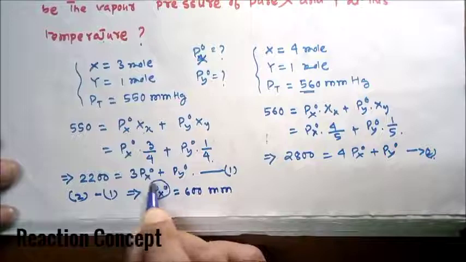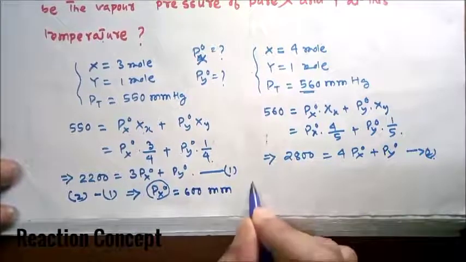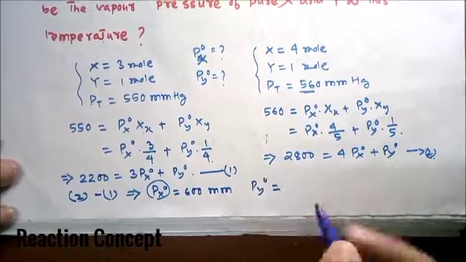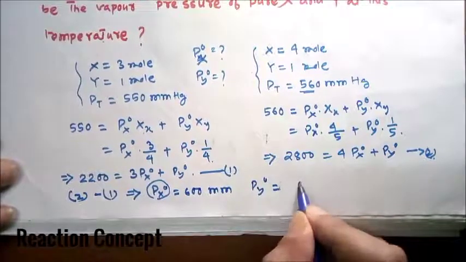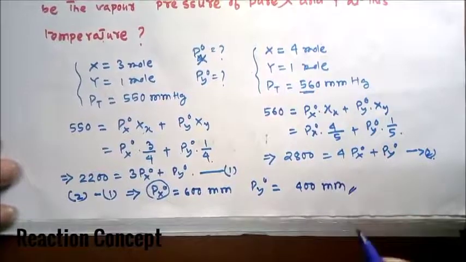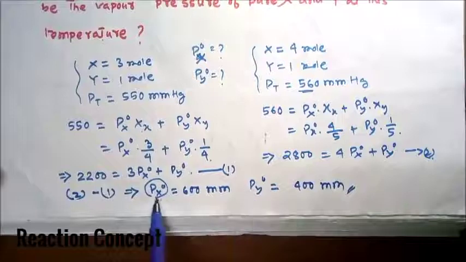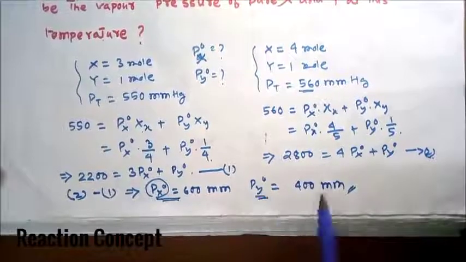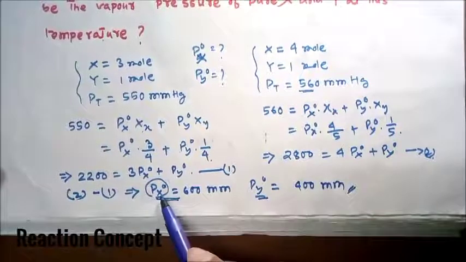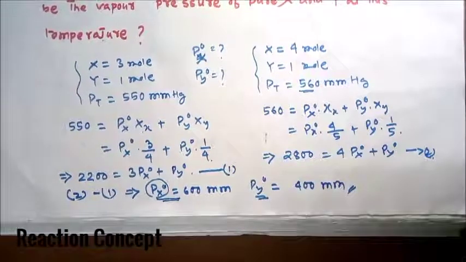Now you put this value in either of these two equations, then you will get Py naught equal to 400 mm. I'm not doing this calculation because it is very simple. So these are the two values we were supposed to find out: the vapor pressure of X in its pure state and vapor pressure of Y in its pure state.